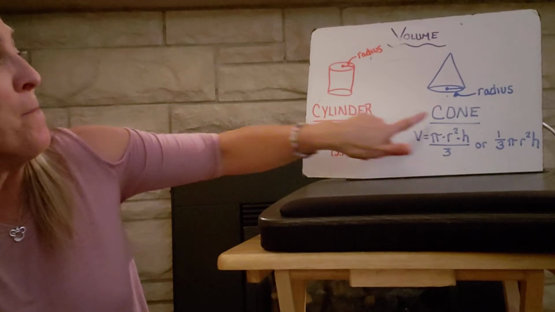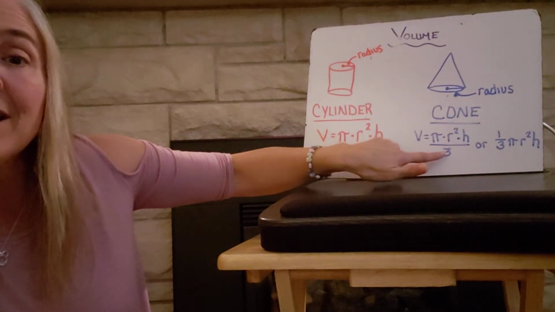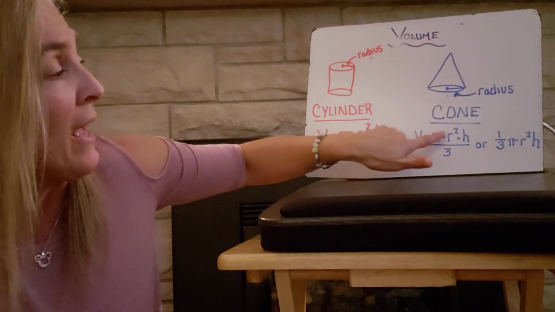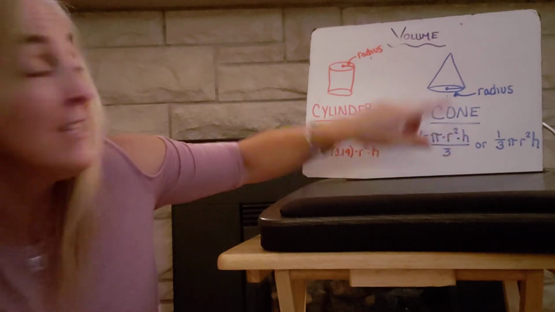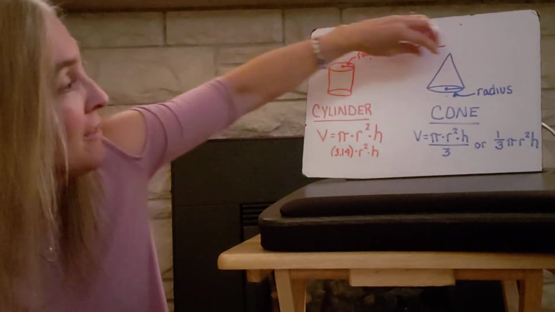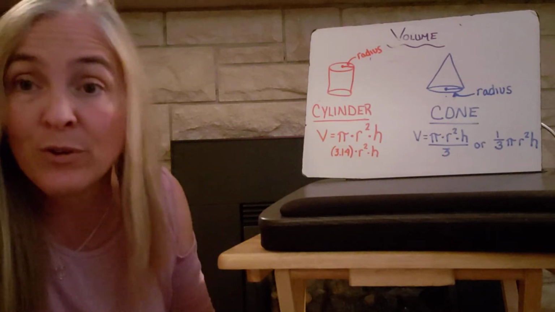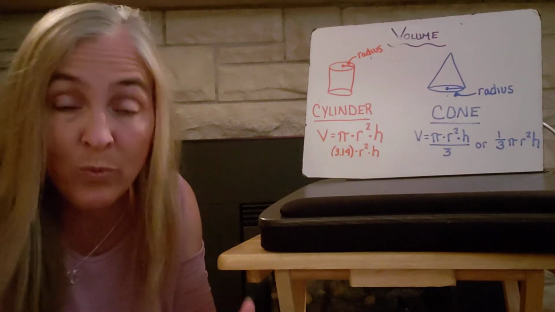So, for a cone, I like writing it in this format because you can see it's still pi r squared height. This basic shape would be a cylinder, except we've cut off this left and this right part, which leaves us only 1/3. So we have to divide by 3.